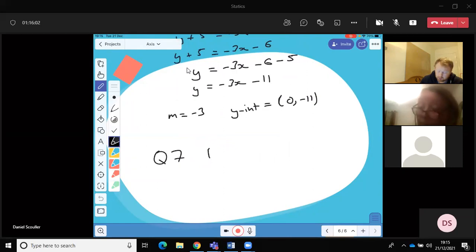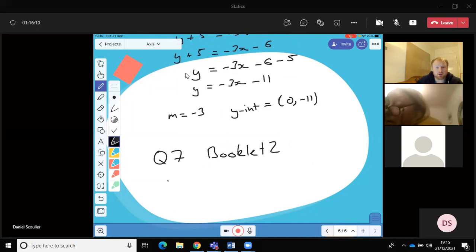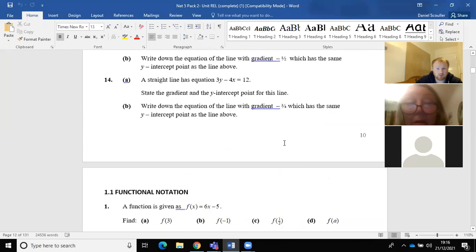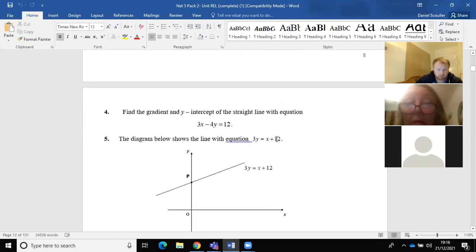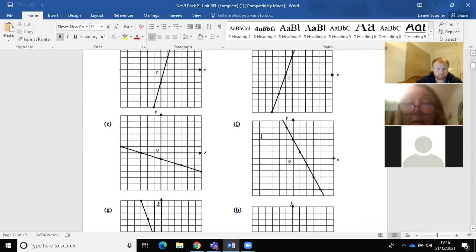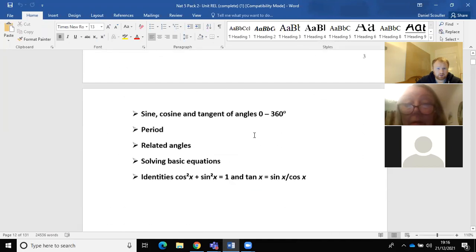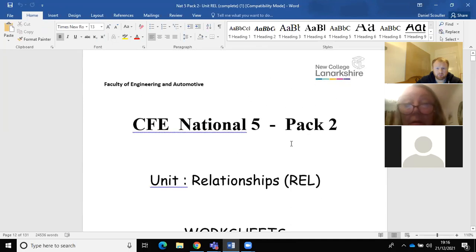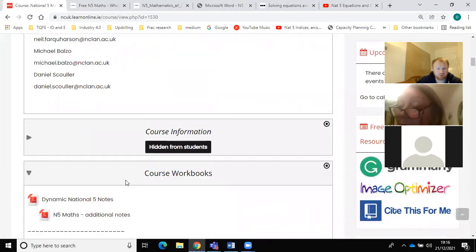So booklet 2, in middle, question 7. Let's have a wee look. The booklet you're after is pack 2. Remember, find that in middle.